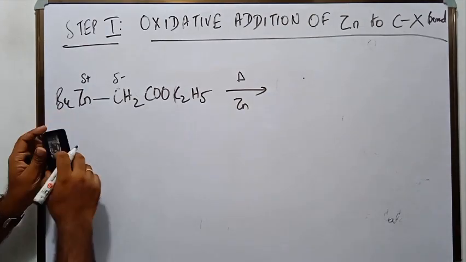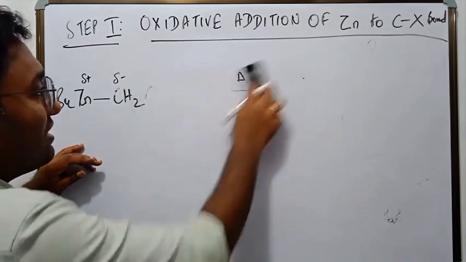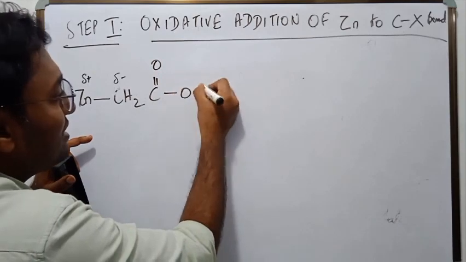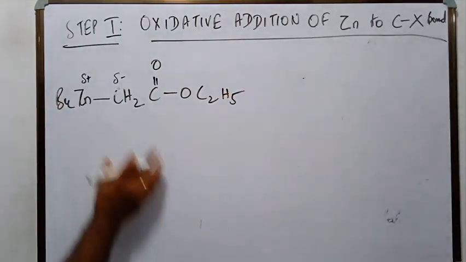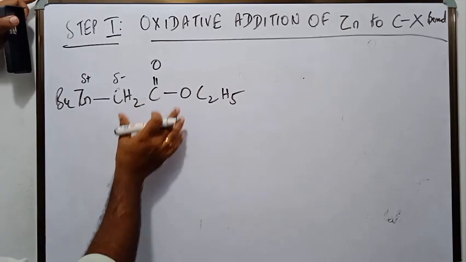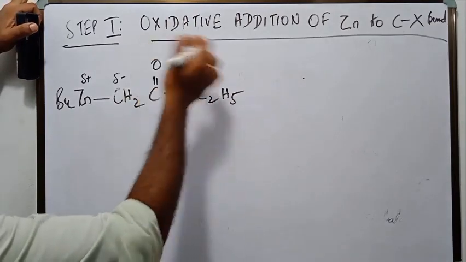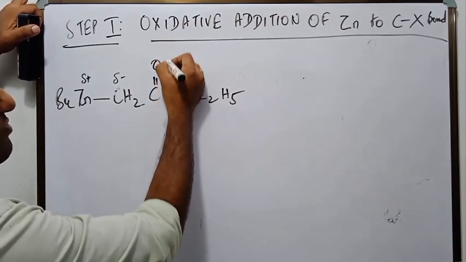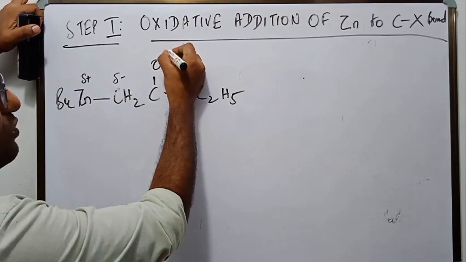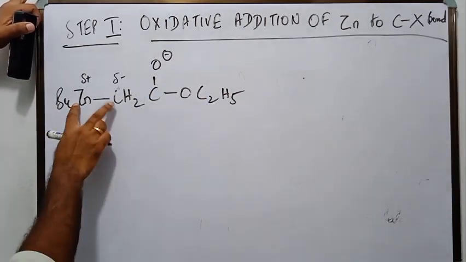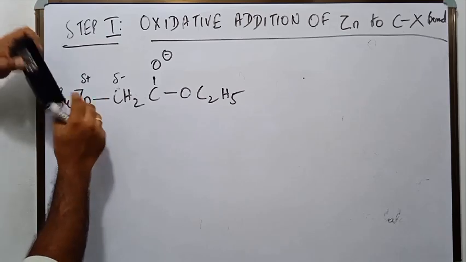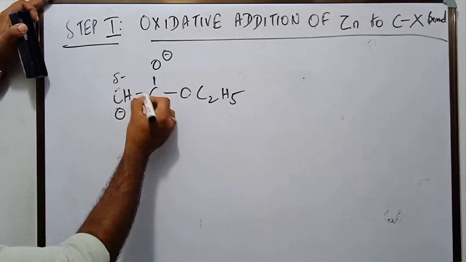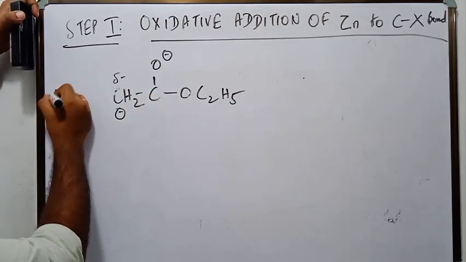From this, it can reconvert. This is the zinc carbon enolate, and it can reconvert to the oxygen zinc enolate. How? Here also there is a significant polarity difference, so the electron will go to oxygen. Here also there is a significant electronegativity difference, so the electron will go to CH2, and ZnBr will get the positive sign.